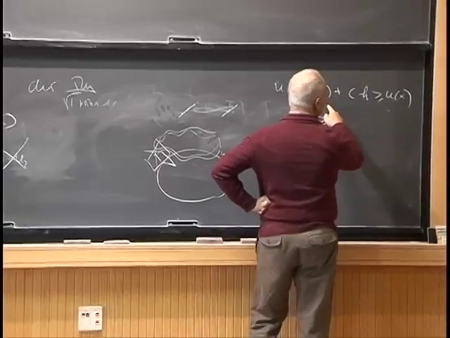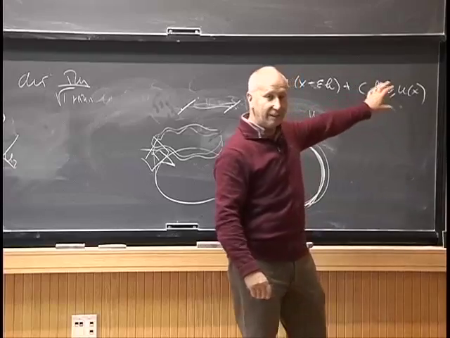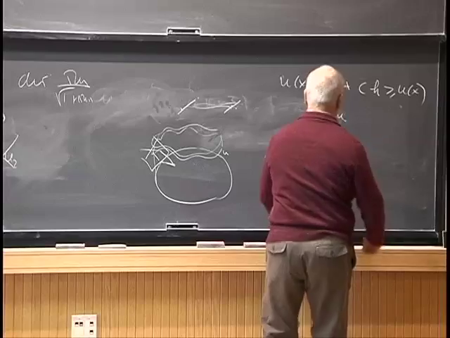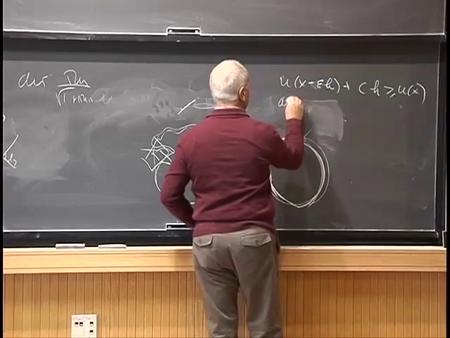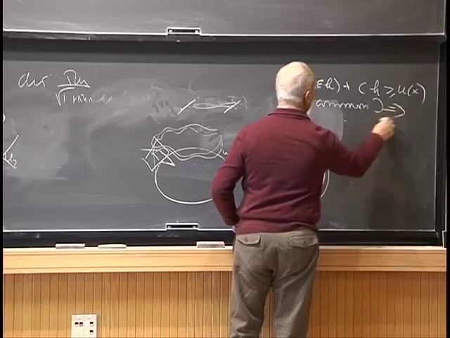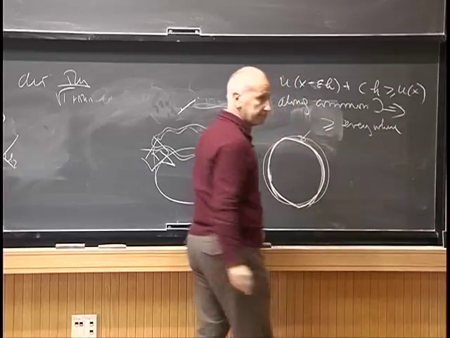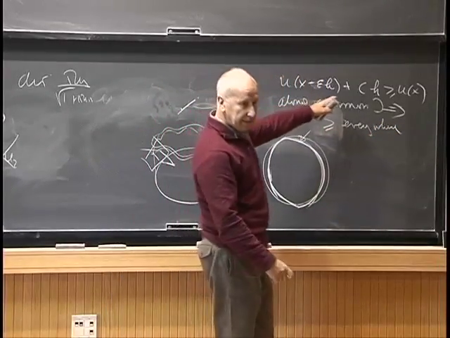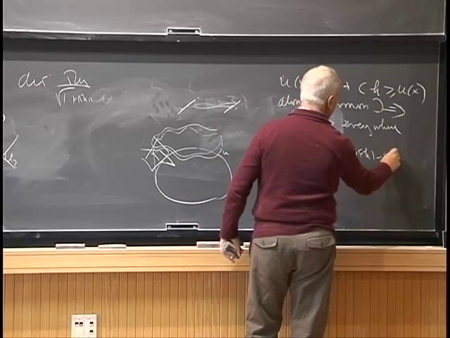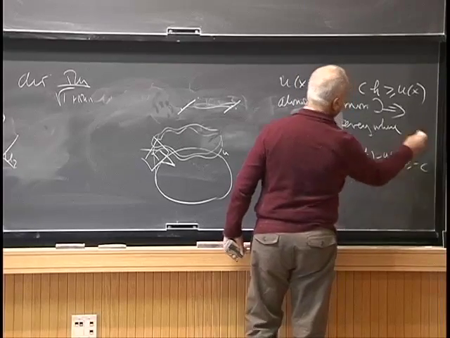So you divide by h, and if it is bigger along the boundary, since we have a comparison principle, it's bigger everywhere. And then you subtract and divide by the constant, and you get that u of x plus epsilon h minus u of x over h is bigger or equal than minus a constant.